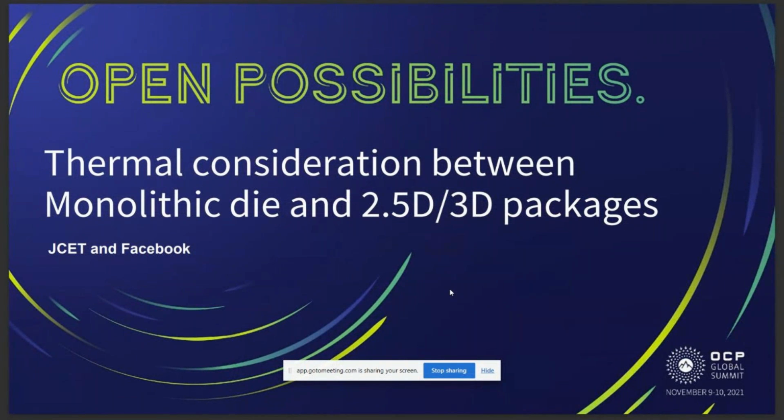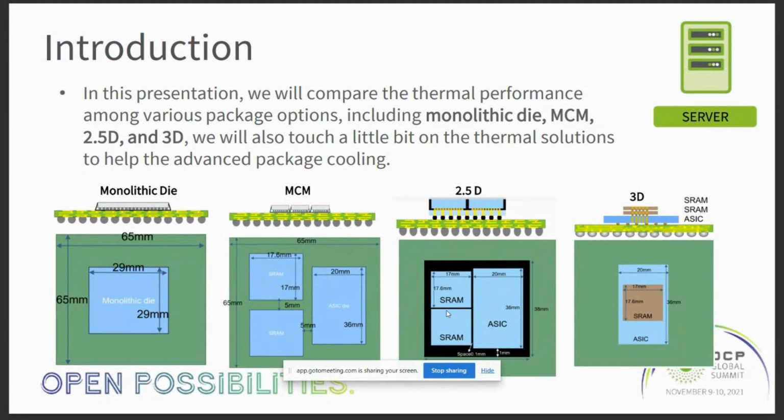Okay, this is the OCP presentation. Let me go through it quickly. For that presentation, we try to compare the thermal performance among various packages. If you see the figures below, you will see the monolithic die, MCM, 2.5D and 3D modules.